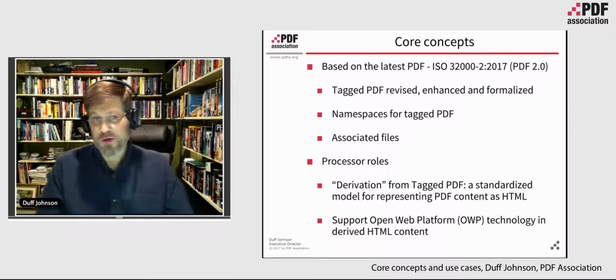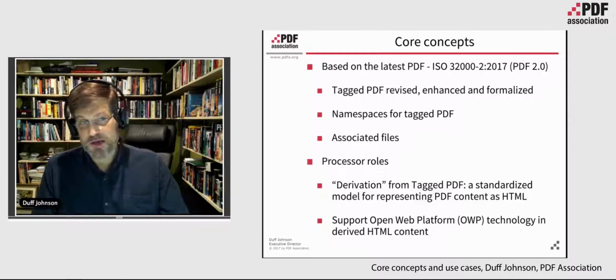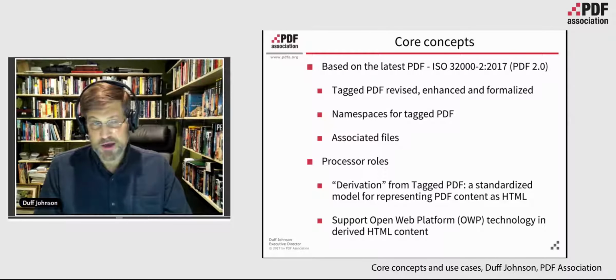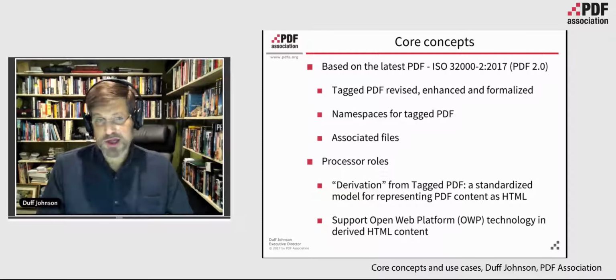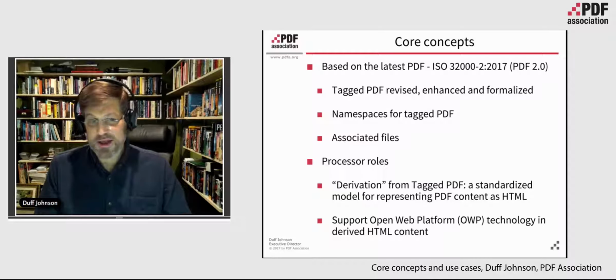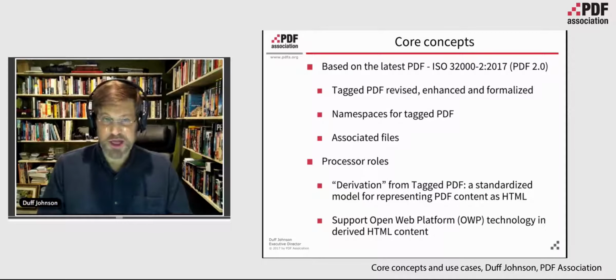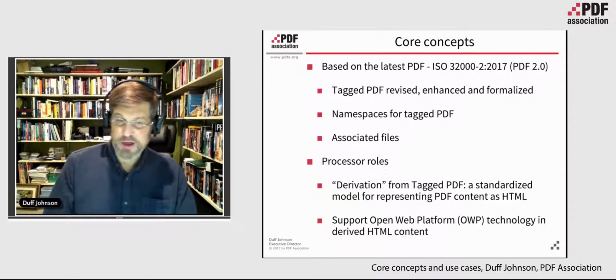Processors might differ in the way they present the results because they would have, for example, custom CSS. A viewer might deliver some CSS that the user selects to style this content. But at the end of the day, the content actually being delivered is the same text that was in the PDF, simply derived into HTML.